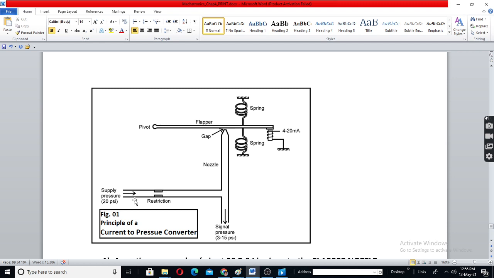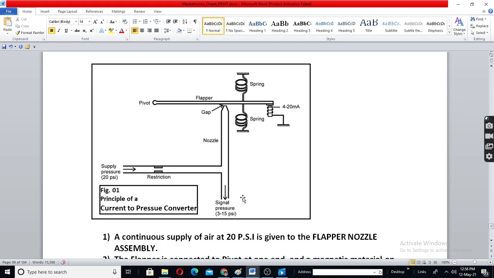The flow is restricted through a small area, so that pressure is maintained at 20 pounds per square inch. Note that the output pressure will always be lesser than the input pressure, because we are obtaining the pressure by wastage or leakage.